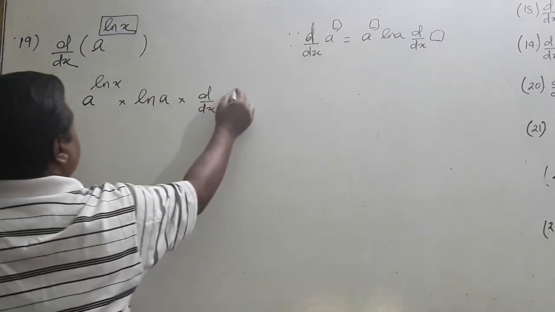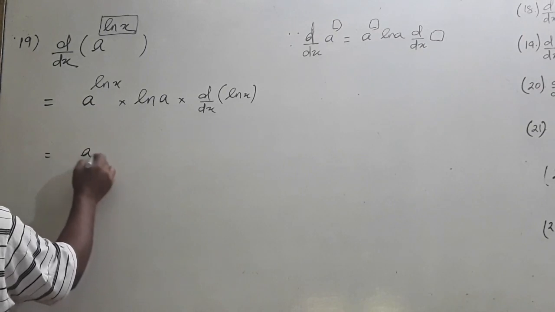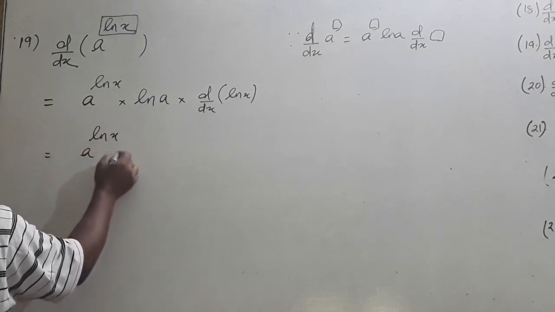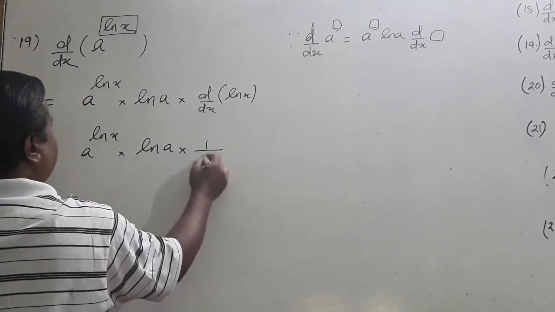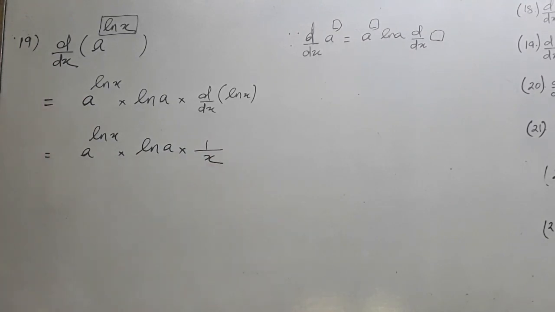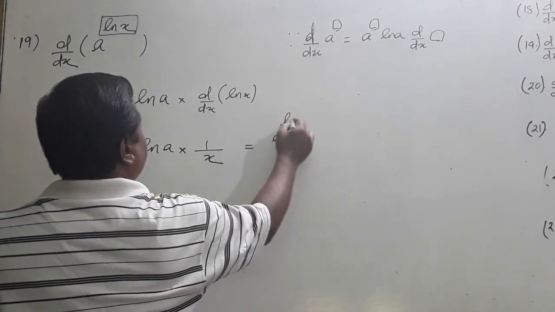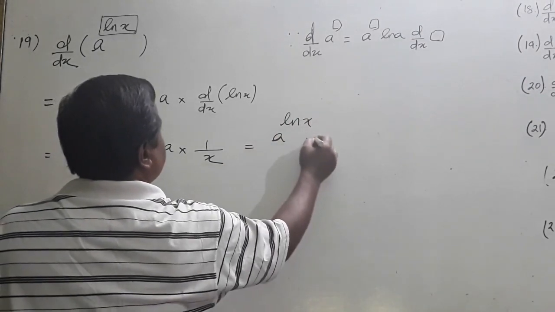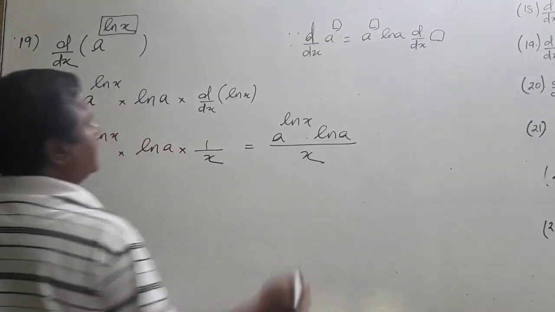What is that box? It is ln x. So what will be the answer? It will become a to the power ln x into ln a into d by dx of ln x. That is 1 by x. I am writing it a to the power ln x into ln a by x is the answer.